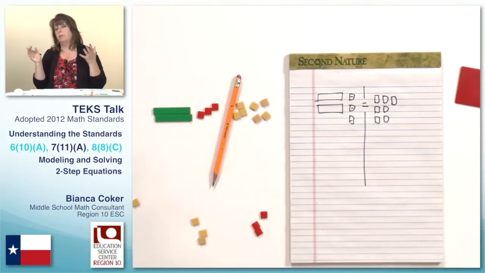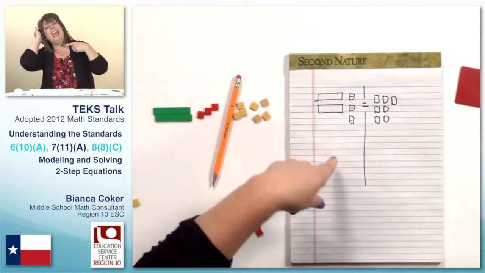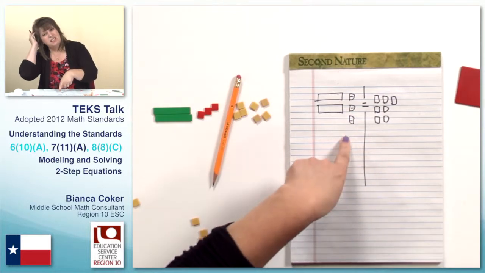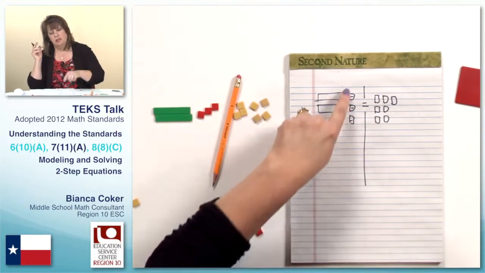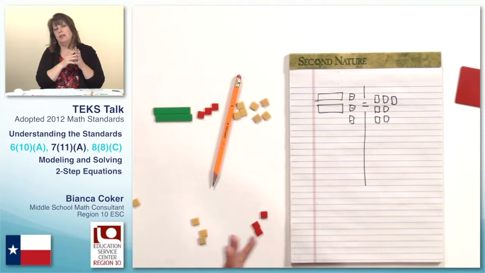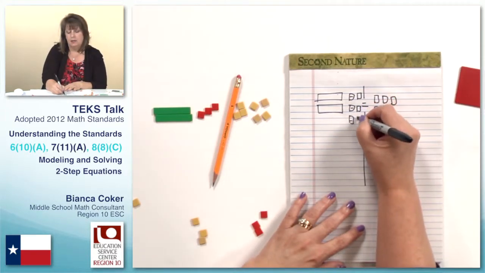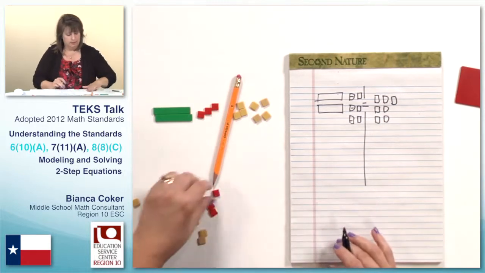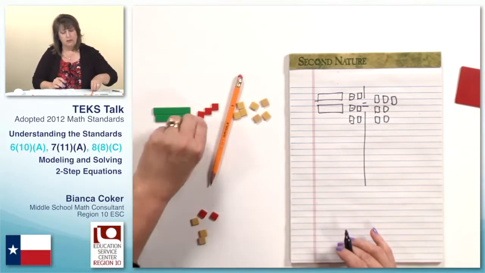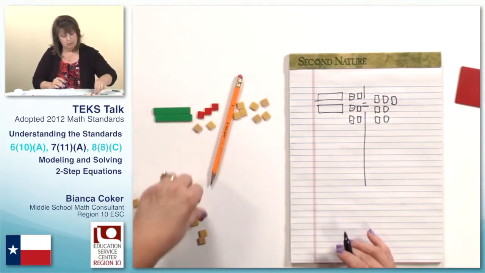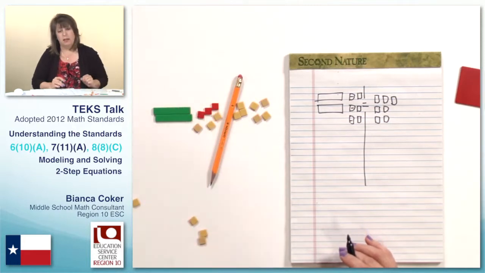Now that we know about zero pairs, is there something we can add to both sides to get rid of those 3? Remember, anything that has its opposite added to it is 0. So if I add 3 ones, then I get zero pairs. Right?